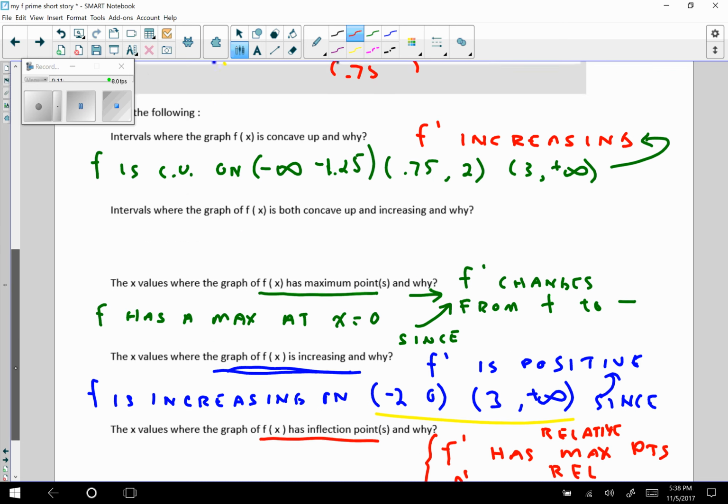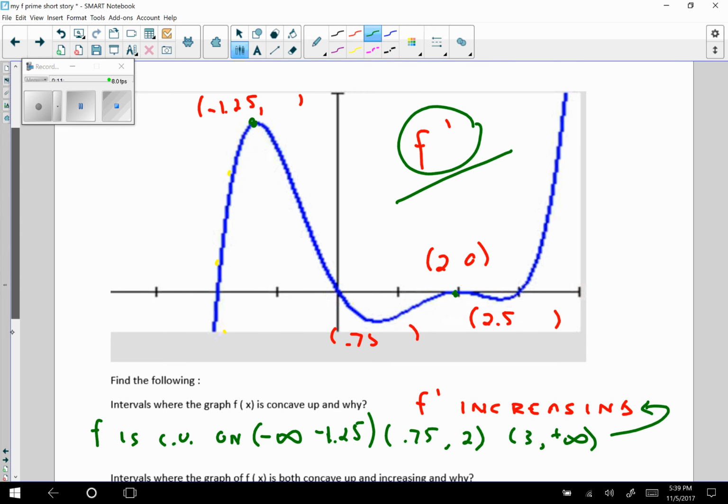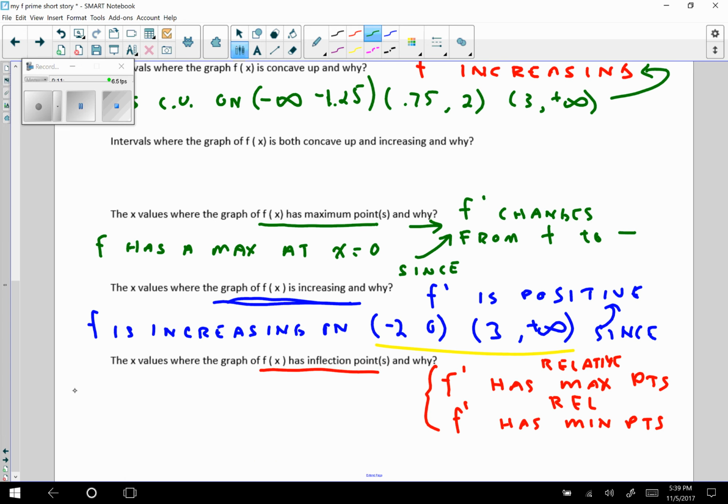So let's go back here. Oh, and I notice, let's erase the yellow. Let's erase the green. Let's find out where f prime has a max. Right here, f prime has a max, and right there f prime has a max. So those are two spots where f has an inflection point. So we're going to write that down here.